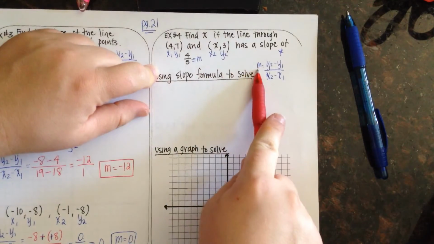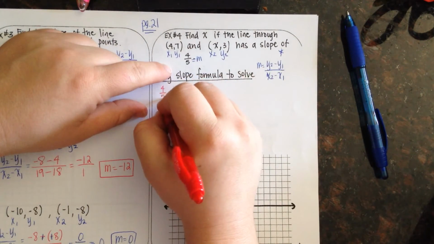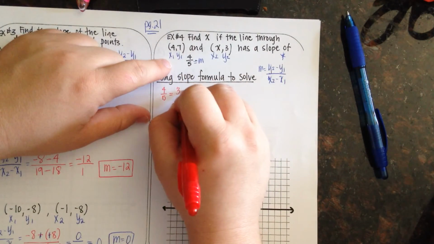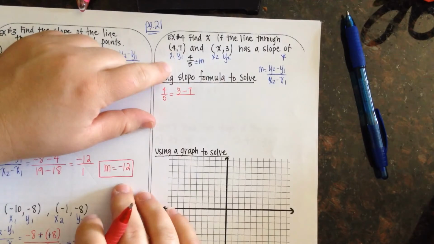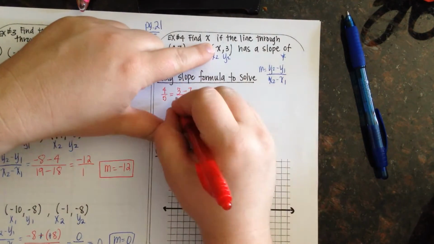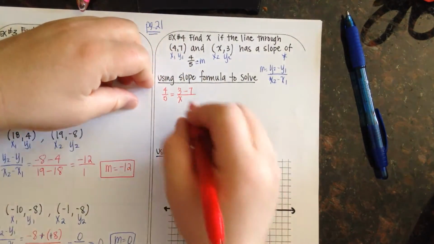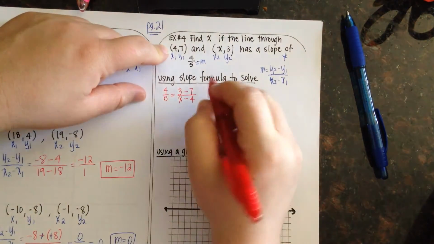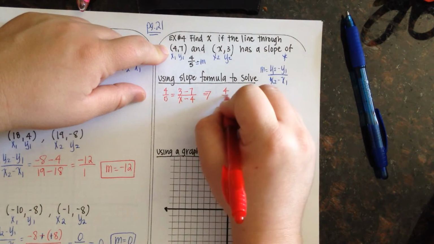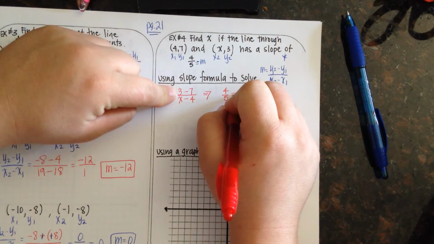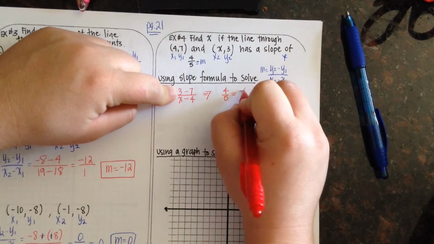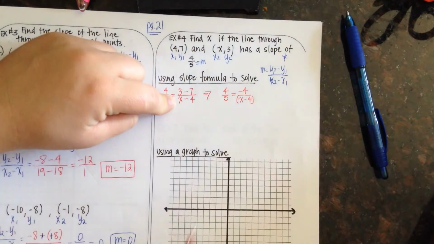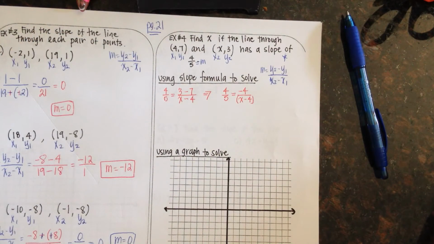Okay, so do I know m? m is 4 over 5 equals y2, which is 3, minus y1, which is 7, over x2, which is x, minus x1, which is 4. Now, I want to go ahead and simplify if I can. So this is 4 over 5 equals 3 minus 7, which is negative 4, over x minus 4. x minus 4 cannot be simplified, and I'm going to have to keep that as one full term in the denominator.